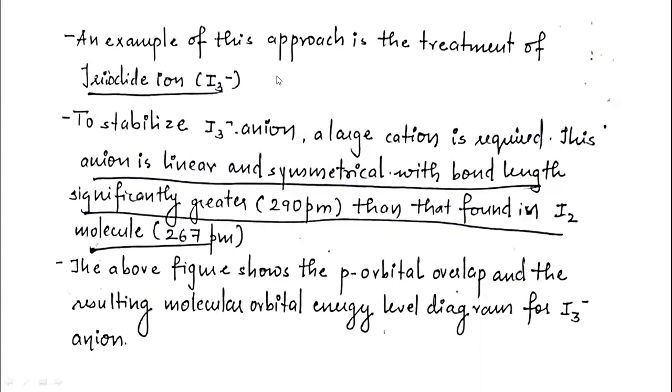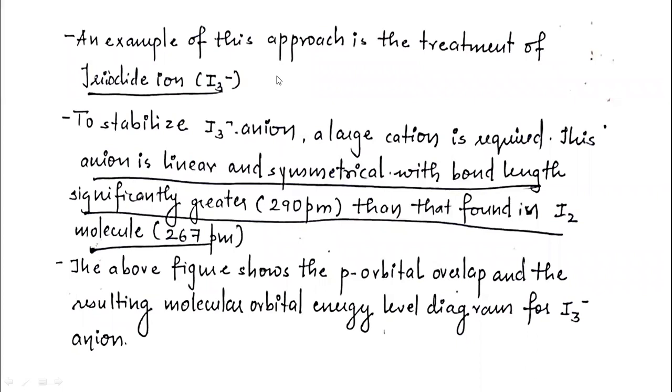This anion has a linear geometry and it is symmetrical, with a bond length significantly greater, 290 pm, than that found in the I2 molecule. In the I2 molecule it is 267 picometer, and in the triiodide anion it is 290 picometer.